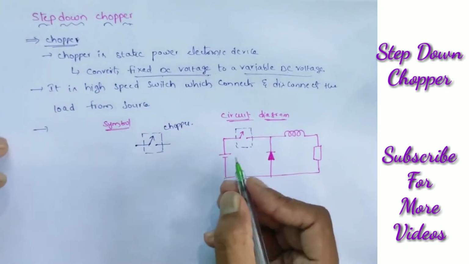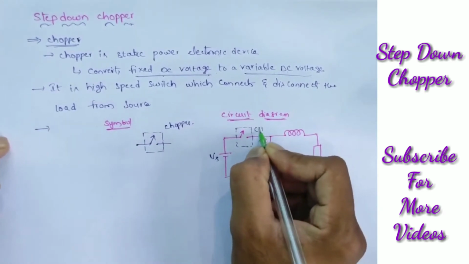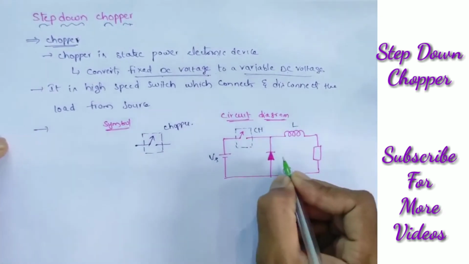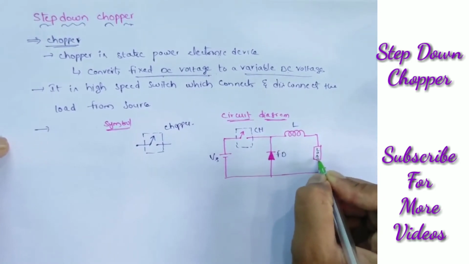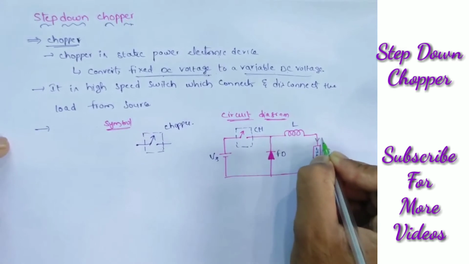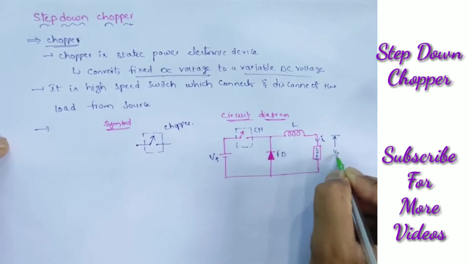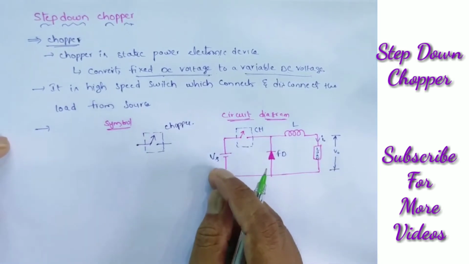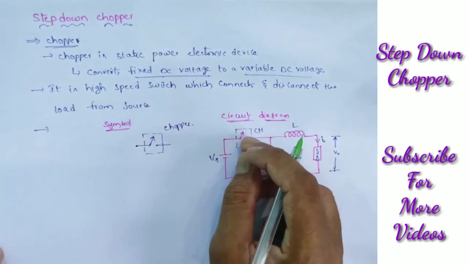Let's mention the parameters. This is the Vs and this is CH, the chopper. L is the inductor, and here we have the freewheeling diode. Here is the load, I naught, and here we have V naught. Vs is the supply voltage and CH is the chopper.